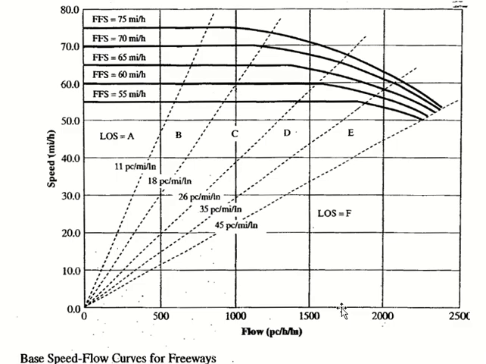Now for different free flow speeds, they have plotted the curves already for our convenience and as an example to understand. You can use these curves if your free flow speed is one of them. These curves are for freeways.